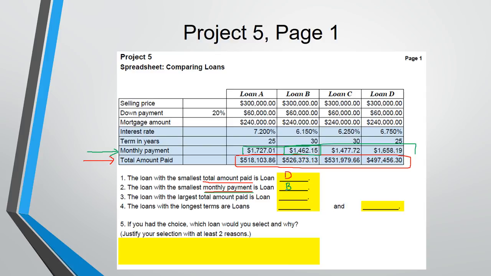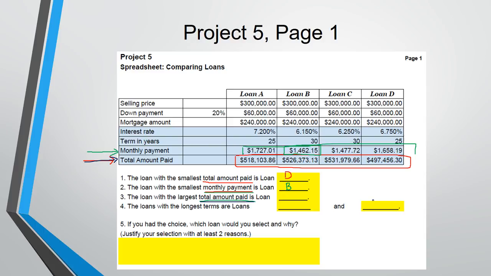Alright, so far we already have two down. Next one says the loan with the largest total amount paid. The largest means the most, right? So we're looking at total amount paid. Again, we're looking at the bottom row, the last row. Which one has the highest?